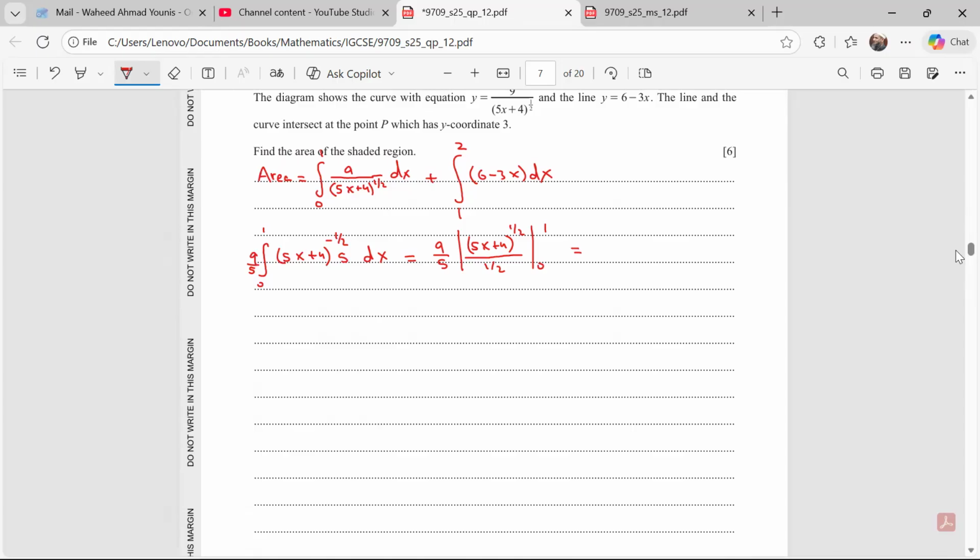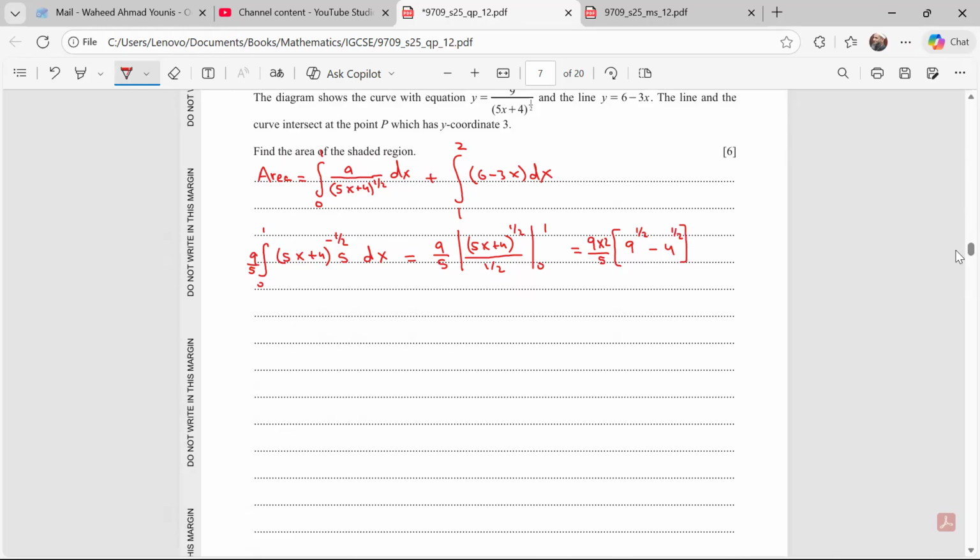This 1 by 2, if I take it outside, will become 9 times 2 over 5. When I put the upper limit, x is equal to 1, so 5 times 1 plus 4 is 9. It becomes 9 to the power 1 by 2 for the upper limit, minus, for the lower limit x equals 0, 4 to the power 1 by 2.